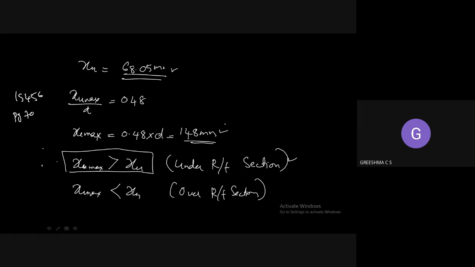So very clearly, here we can say that XU max is greater than XU. That is, 148 is always greater than 68.05. So very clearly our section is an under reinforced section. Please write down the note: hence this is an under reinforced section.